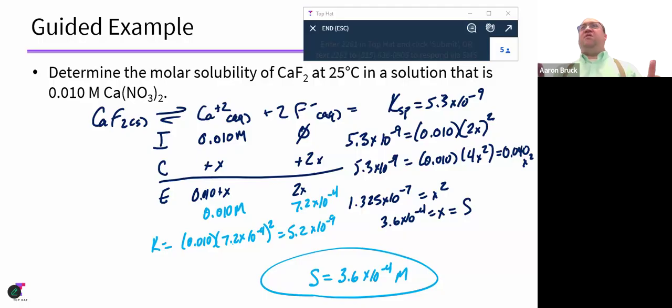Common ion effect pushes that equilibrium to the left and makes it less soluble. Okay, so this is one example of how a solubility equilibrium can be manipulated. In this case, for the side of lack of solubility.